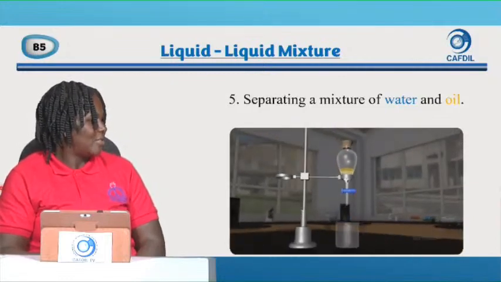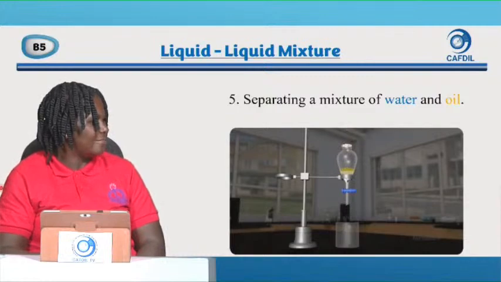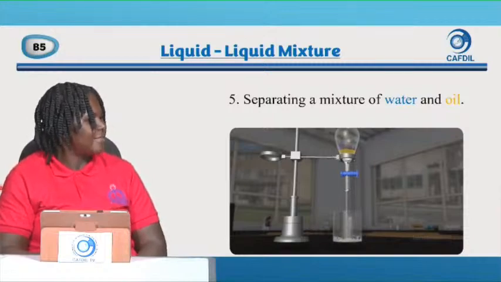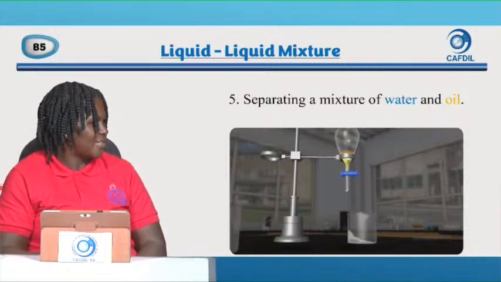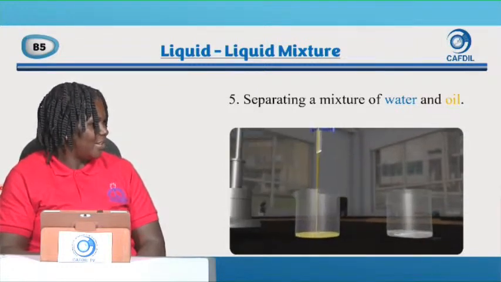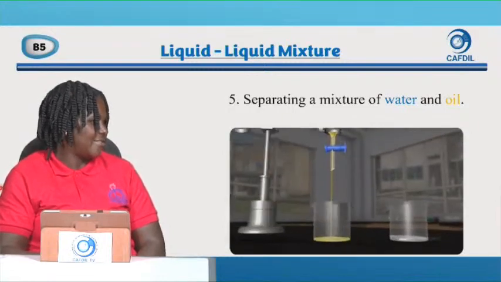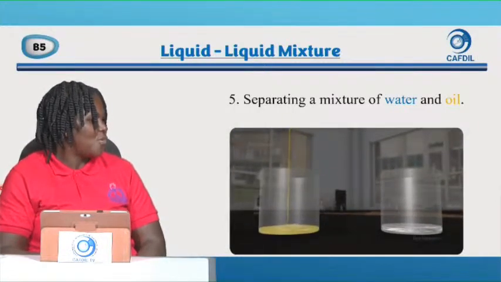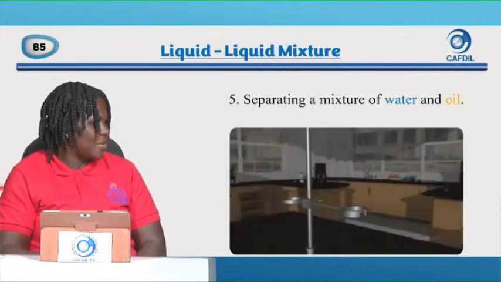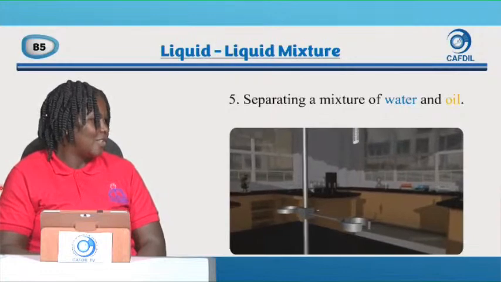So let's put our beaker there and we open our tap for the heavier liquid to come out. So we have our water and the oil being separated. So this is how we use our separating funnel to separate water and oil.